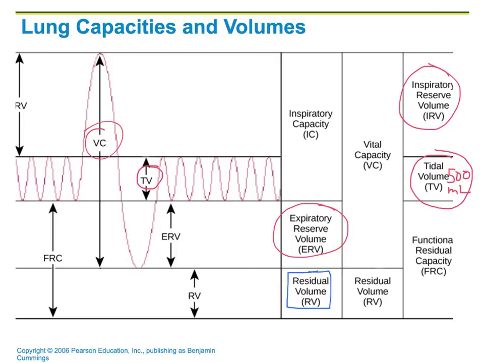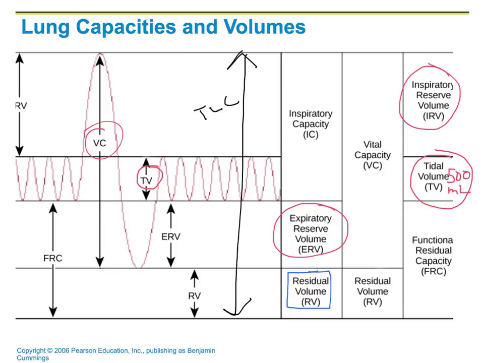If you add the residual volume to the vital capacity, you get your total lung capacity, which I don't see listed here. So I will add it for you. It might have gotten cut off. So that would be all of this, your TLC.